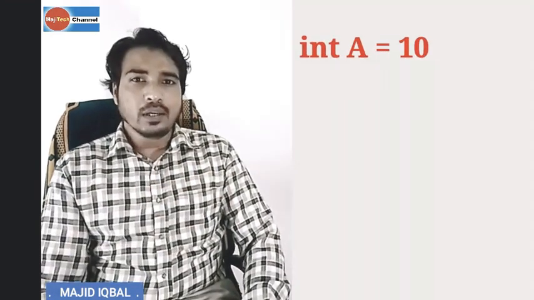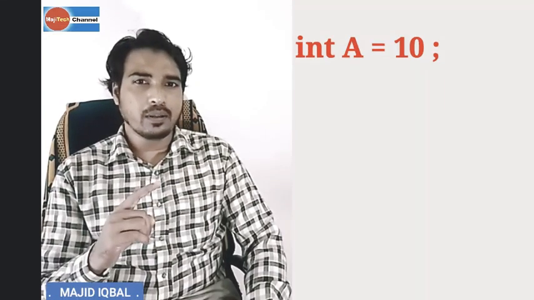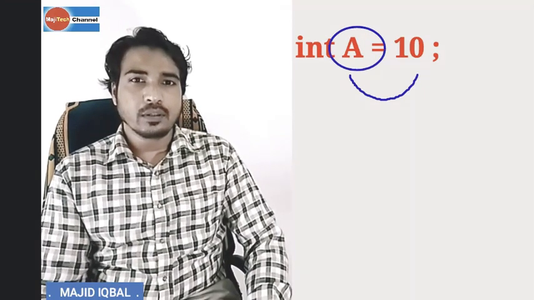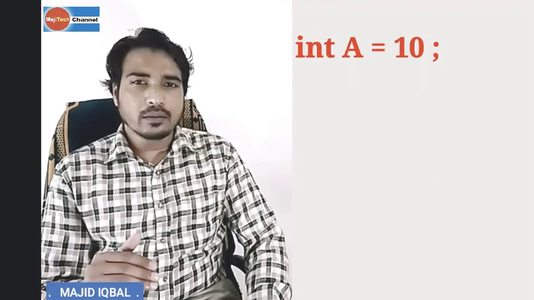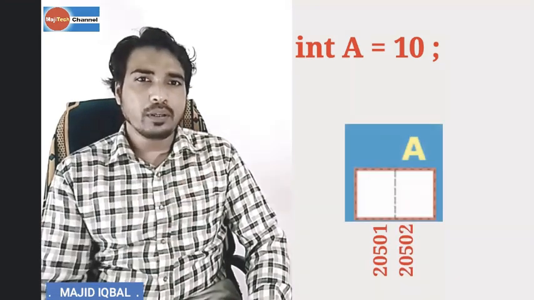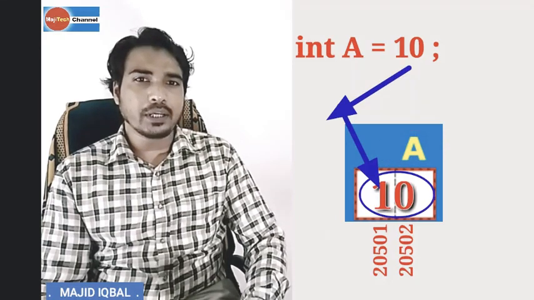Consider the declaration int a = 10. This declaration tells C compiler that a is an integer variable and we have assigned the value 10 to it. Then the compiler or the computer reserves 2 byte of memory because of integer, gives name a and stores 10 to it.